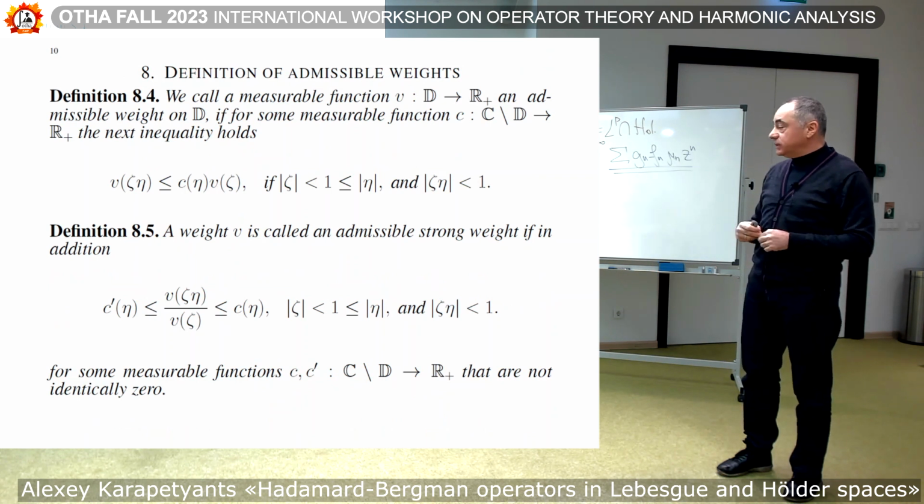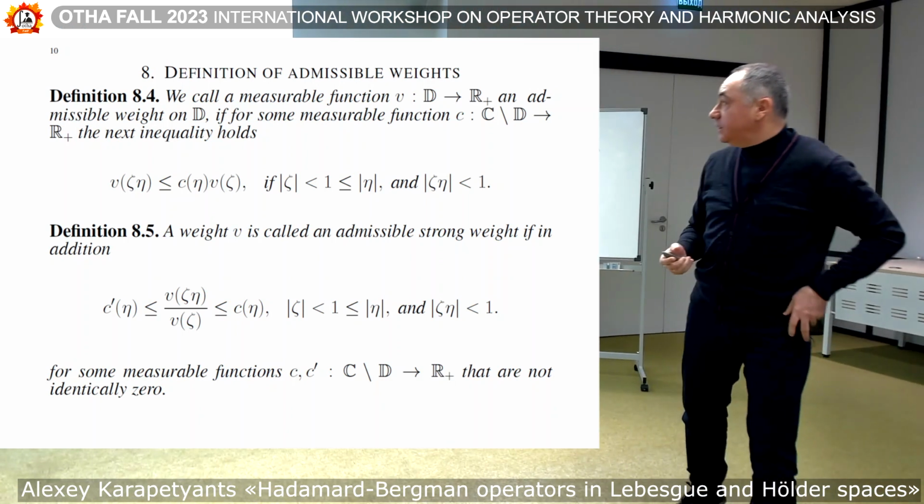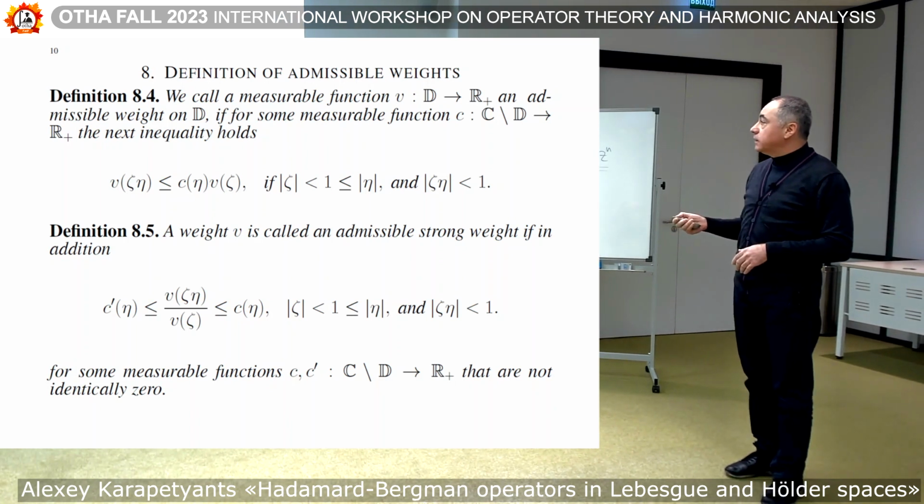Since I want to study operators in weighted Lebesgue spaces, I need a definition of weights. And here we introduce the so-called admissible weight. We say that a function defined on the unit disk is admissible if it has a kind of subjectivity property: if there exists a measurable function C acting from outside of the unit disk, such that this inequality is true, for z and eta as written here.